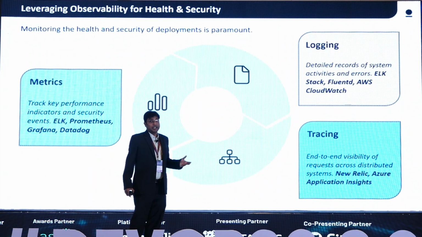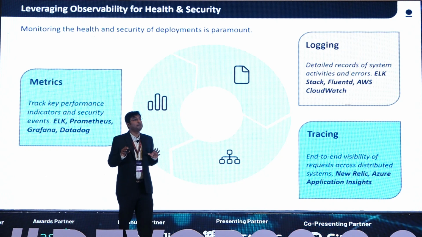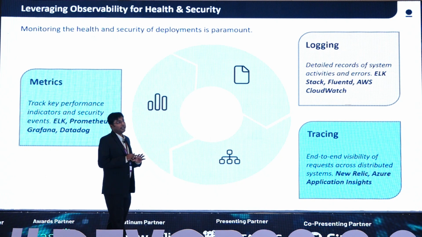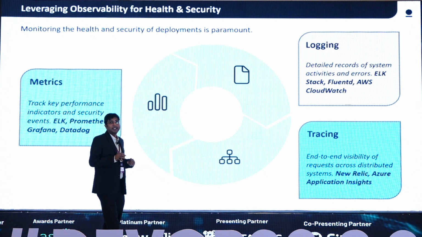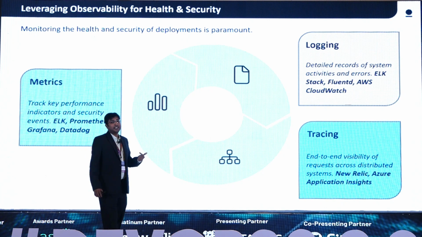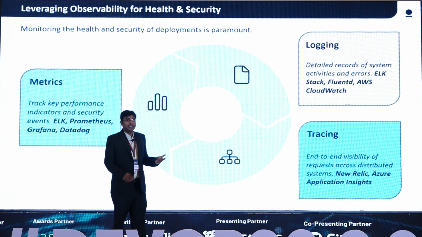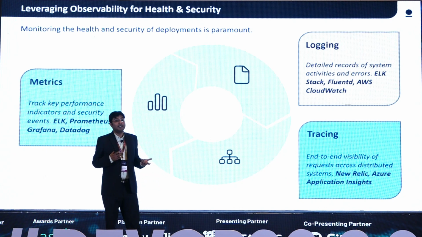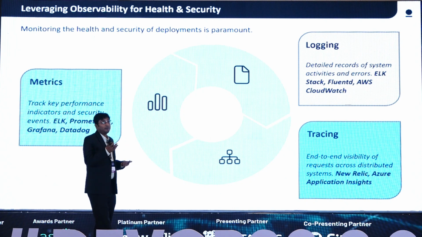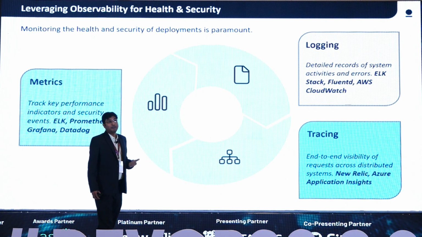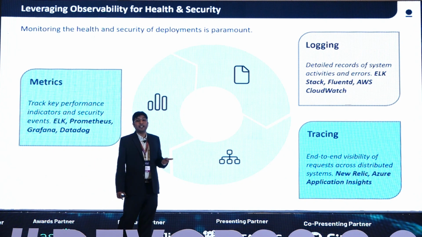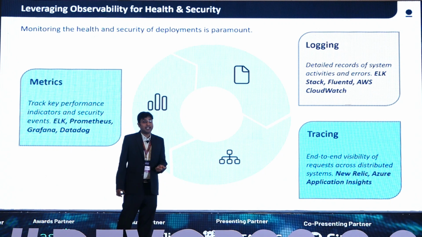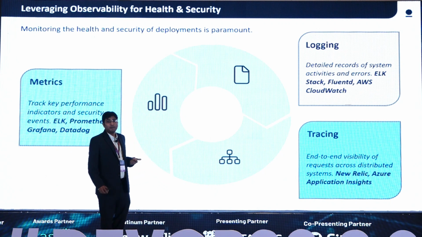Now observability, definitely. These are the three basic things whenever we are thinking about observability: metrics, logging, and tracing. Obviously, we know ELK. We heard about Datadog. A few members are already using Prometheus and Grafana. For logging, we have the ELK Stack, Fluentd, AWS CloudWatch.